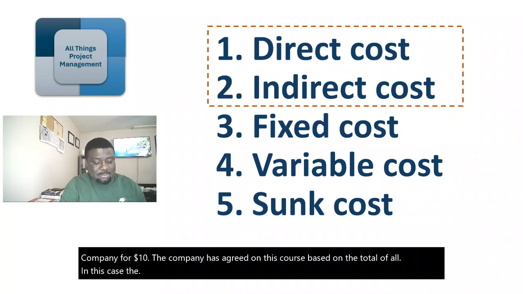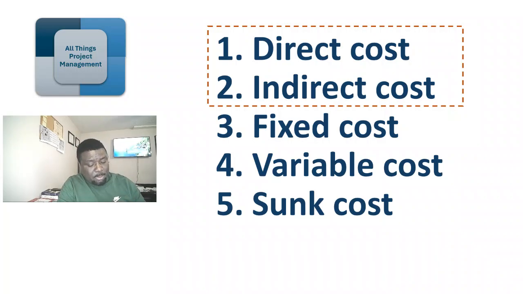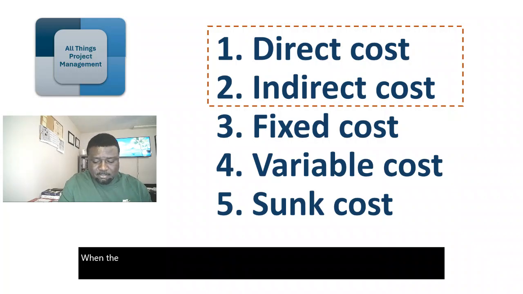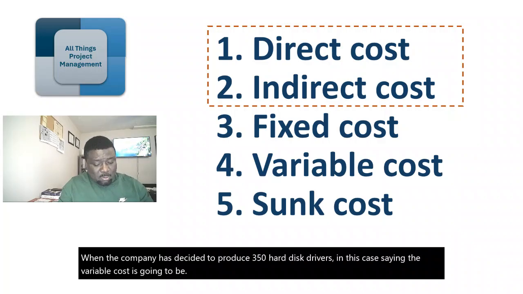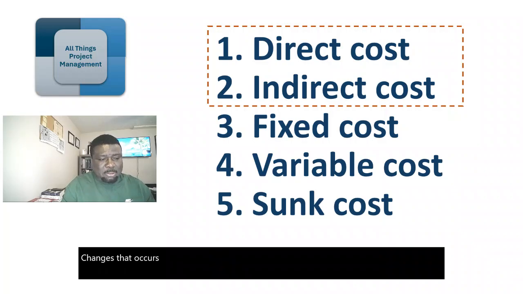In another instance, when the company has decided to produce 350 hard disk drives, the variable cost is going to be $3,500. So this is how variable costs correspond to the changes that occur as you manage the project.